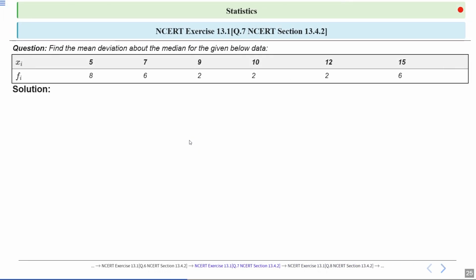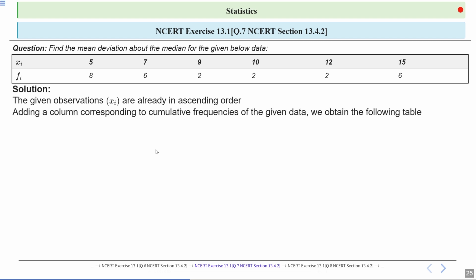So let's see here. In this question, we are given a frequency distribution table with values xi and their corresponding frequencies fi. Let's solve this question step by step. First, let's observe that the xi values, which are 5, 7, 9, 10, 12 and 15, are already in ascending order.